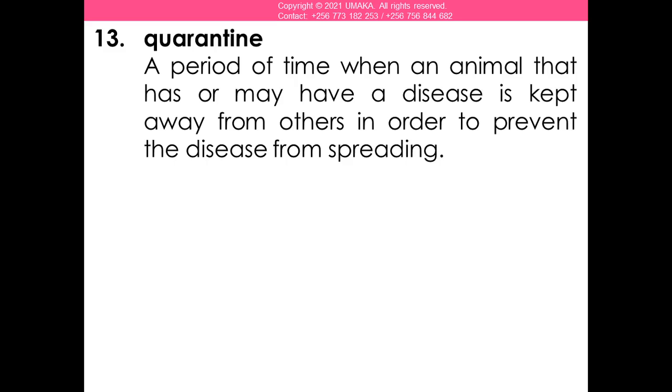Otherwise, by selling diseased animals to other places, other animals will get affected too. Animals that are not in that area are likely to get affected. So quarantine is a period of time when an animal that has or may have a disease is kept away from others in order to prevent the disease from spreading.